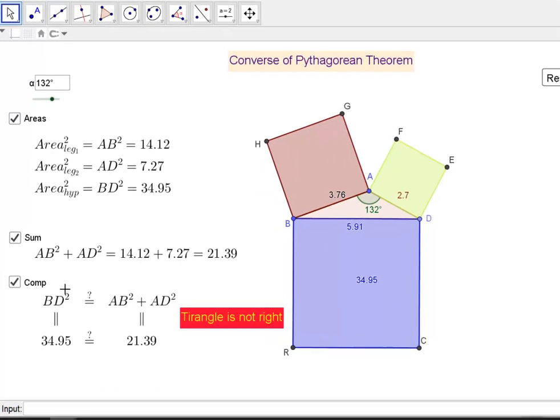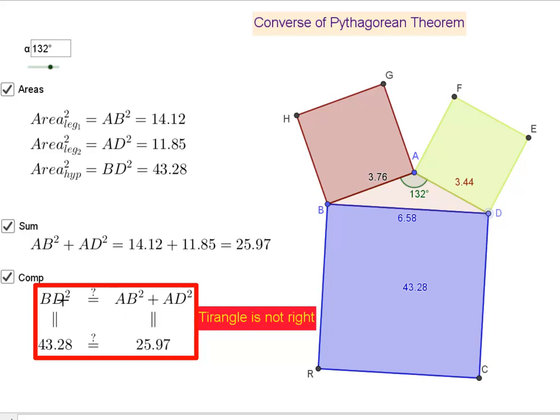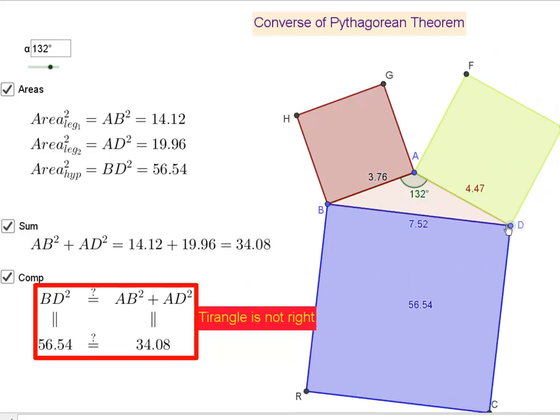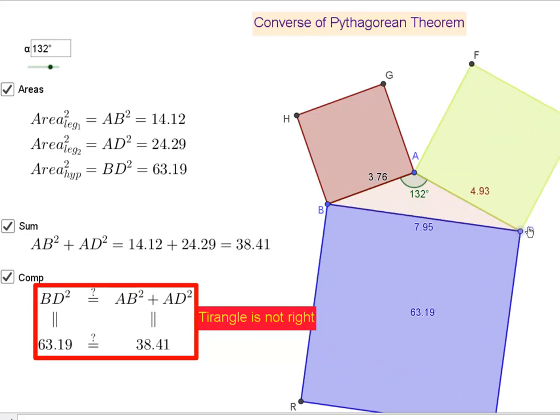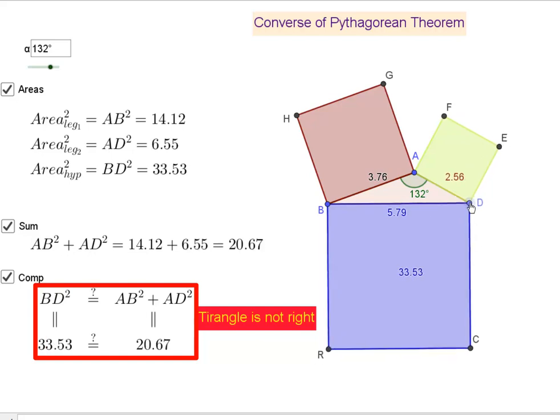By comparing the sum of the squares of the smaller sides to the longest side, we'll see that if the triangle is not right, then the sum of the squares of AB and AD is not equal to the square of the longest side. Notice please, is this sum equal to BD squared? As long as the angle is not 90, the sum of AB squared plus AD squared is not equal to BD squared. Hence, the triangle is not right.